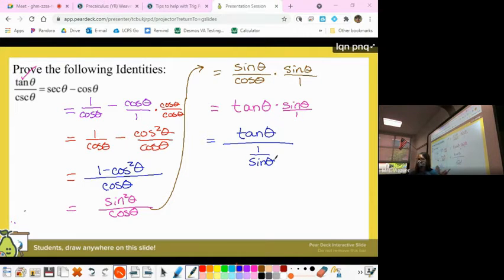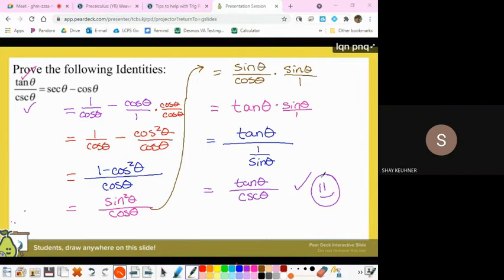We're just going backwards there. And now we are almost there. So now I'm super happy because tangent theta over 1 over sine theta, 1 over sine theta is the same as cosecant theta. And after much work, we did it. We did it. Do you see why I like to celebrate? After all that work, you need to celebrate, right?